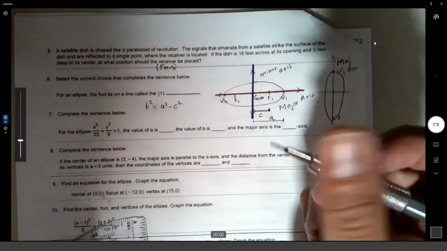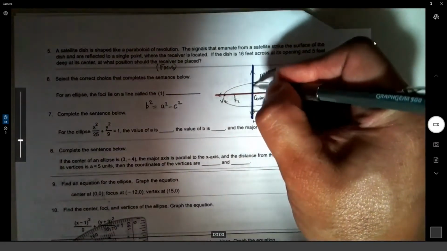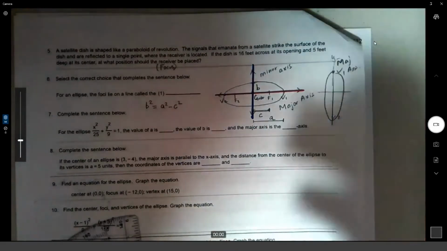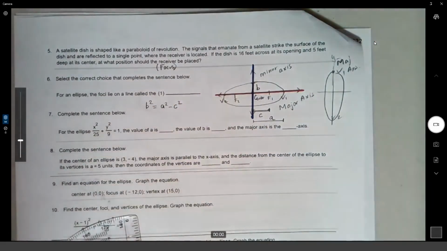And if you're wondering what in the world is B, B is this distance right here, where the ellipse will have its biggest width.